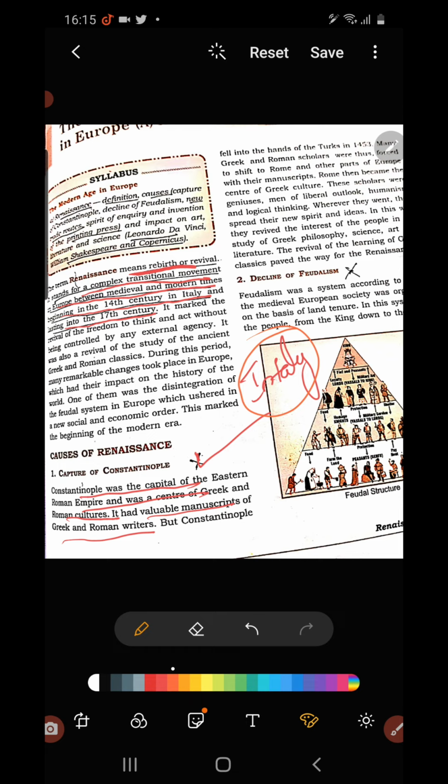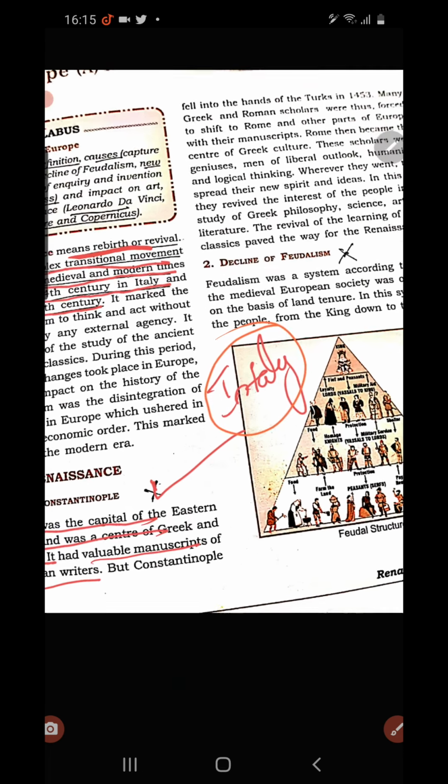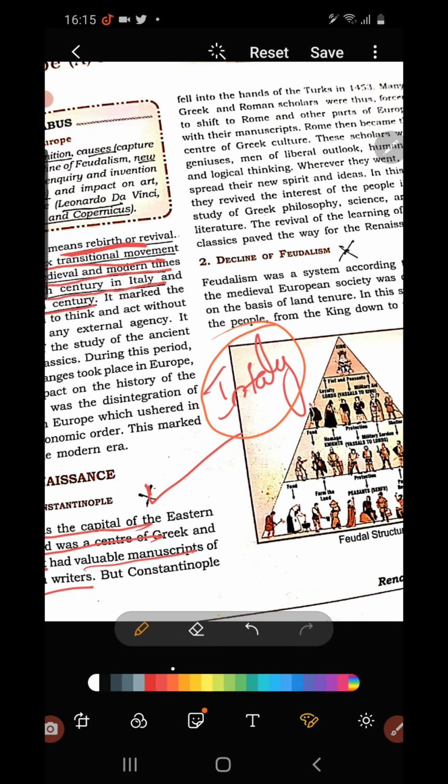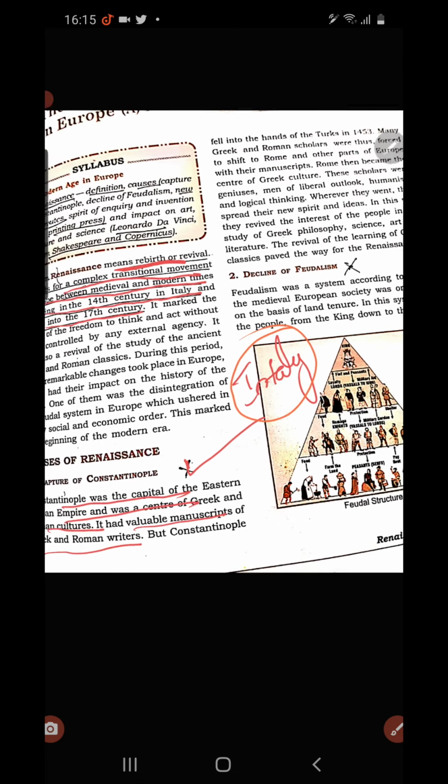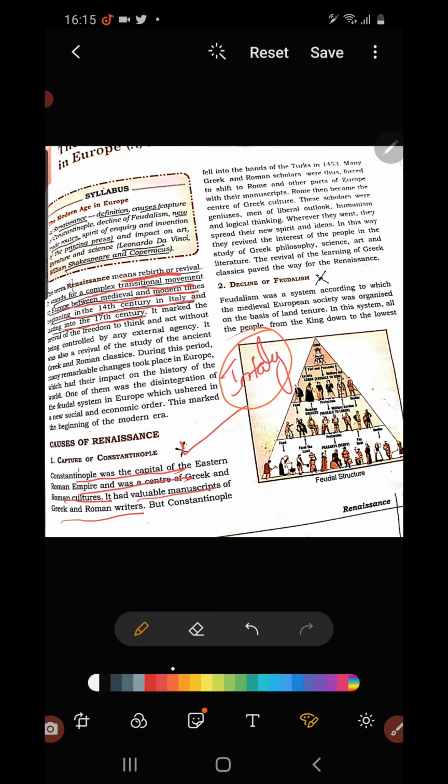Another reason is that the capture of Constantinople led to the Renaissance because the Europeans had to find a new sea route. They had to find a new trade route. So many people started expeditions, their adventurous journeys to discover new sea routes. So one of the reasons became the capture of Constantinople.